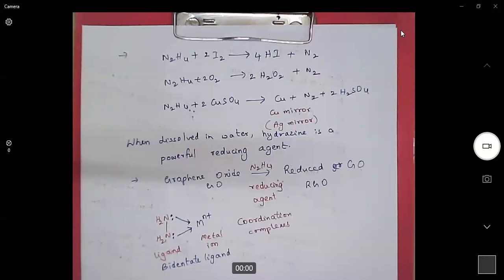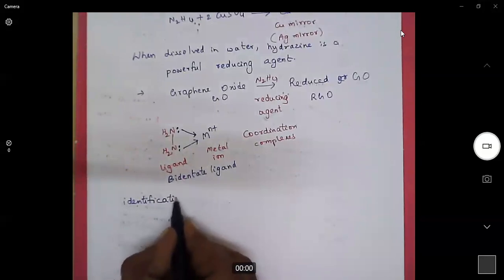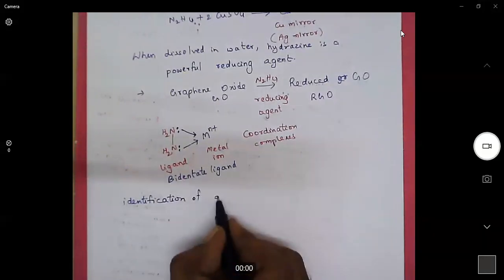It is highly used in the reduction of metal ions into metal nanoparticles, and it is also used in the reduction of organic compounds. Another important application of hydrazine is in the identification test for carbohydrates.